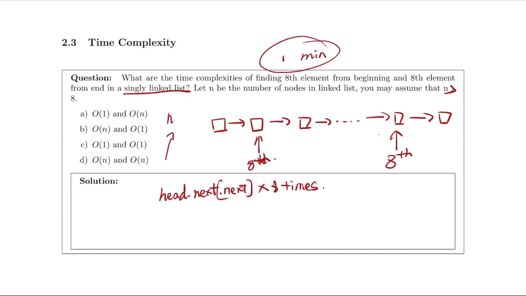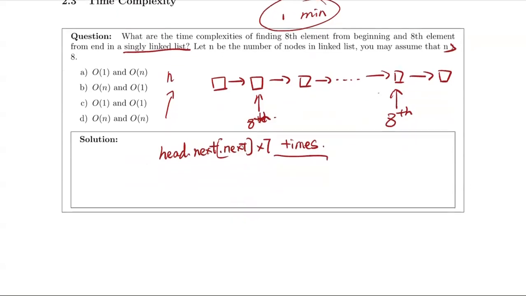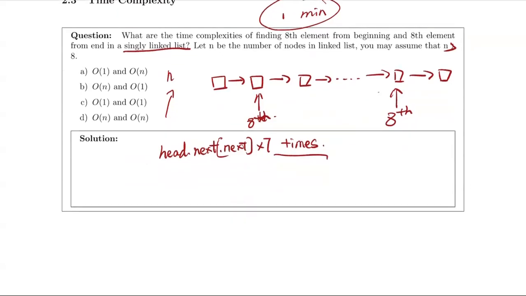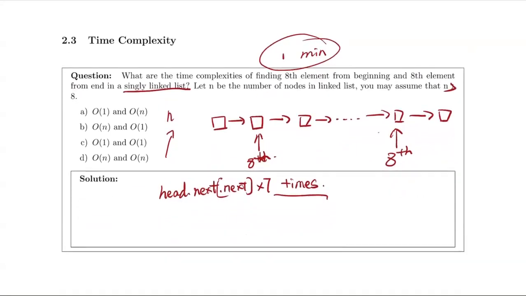Wait, I think 7 times. So this takes constant time, because finding the 8th element from the front is not affected by the number of elements in my singly linked list. I just need to step 7 steps ahead from the head to get that 8th element, correct? So the first one is not linear, it's constant time. So we get rid of B and D.